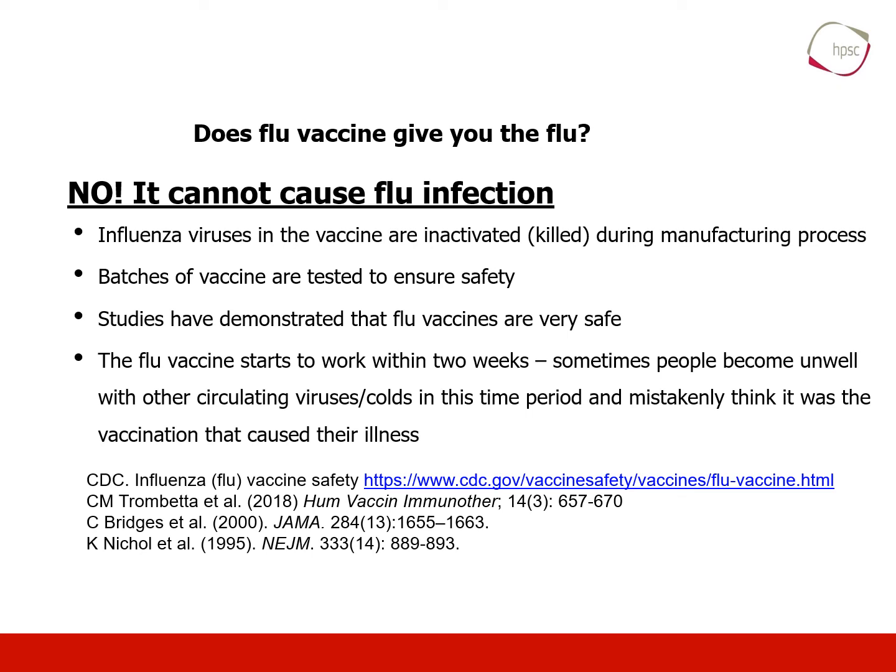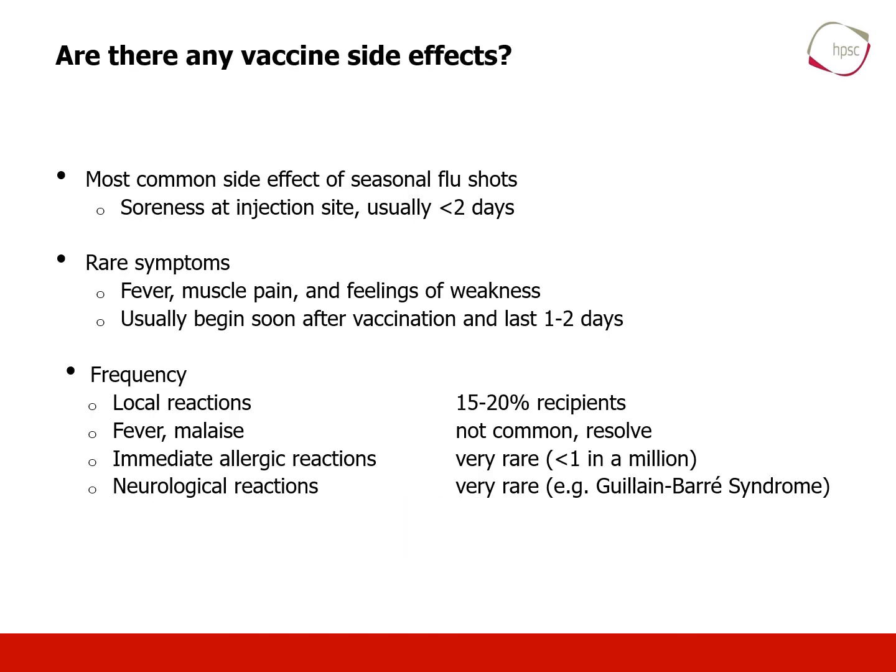The vaccine usually starts to work within 2 weeks, so if you get straight away infection or flu-like symptoms, then most probably you've been infected with an influenza virus or other viruses like rhino or coronavirus, which are unrelated to the vaccine that you have taken.